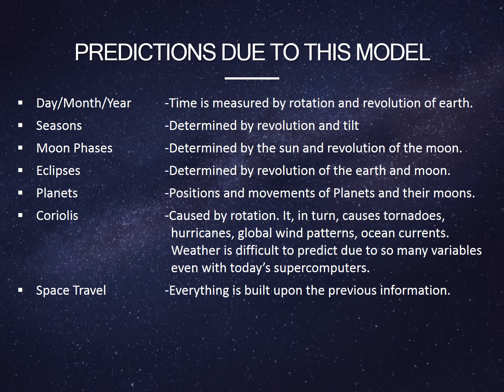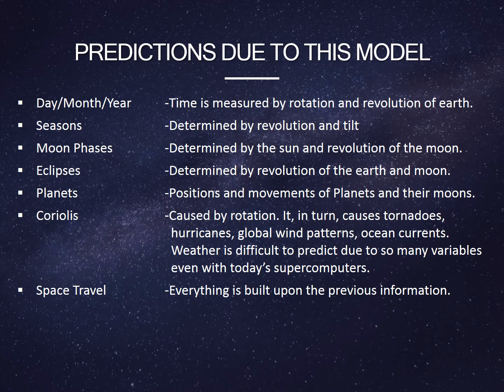And the last one I have is space travel. So everything that has to do with space travel is built on this previous information that we have. The information that Isaac Newton, when he was talking about the cannonball, all of that has to do with satellites and the ISS.